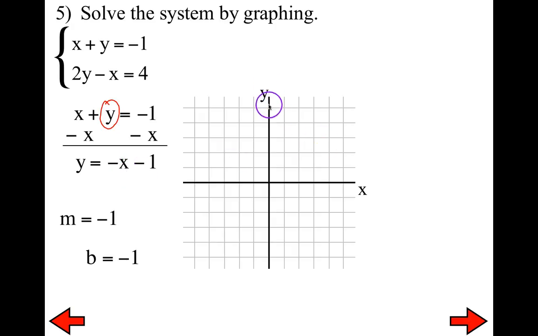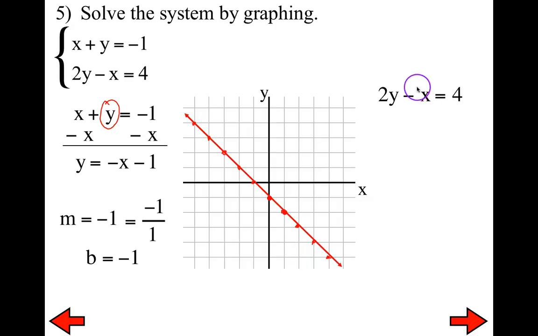So starting on negative 1 on my y-intercept, I'm going to use a slope of negative 1 over 1. So down 1, to the right 1, down 1, to the right 1. Keep this pattern up. You can do the opposite by going up 1 over 1. And you know I like it, I like for my students to go all the way through, so that way you're as accurate as possible.